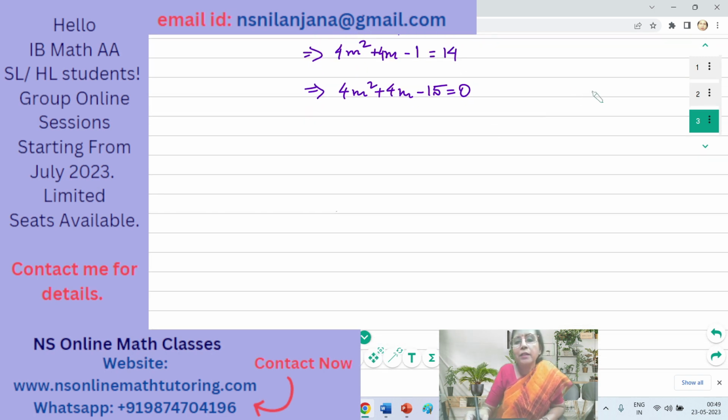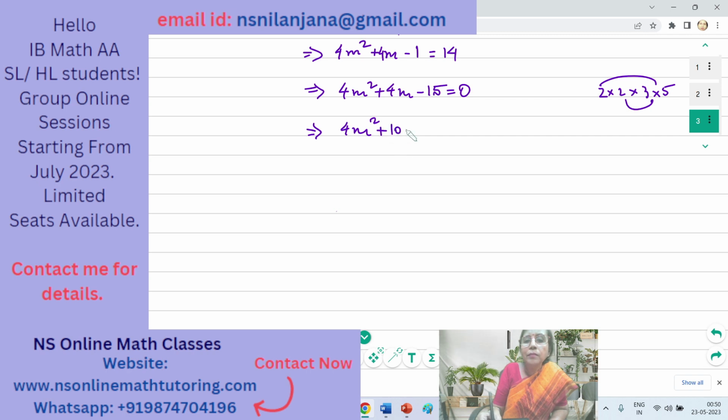Okay, can we factorize this? 15 times 4, so it is 2 times 3 times 5. We have to get 4, so 5 times 2 and 2 times 3. 10 minus 6. 4m squared plus 10m minus 6m minus 15 equal to 0.